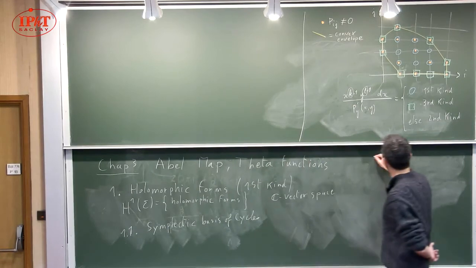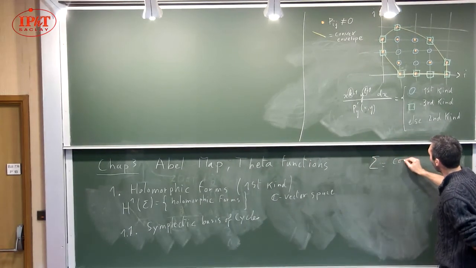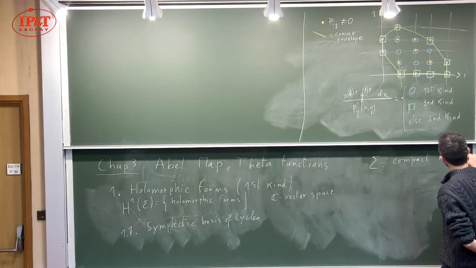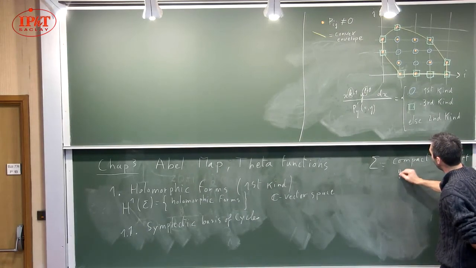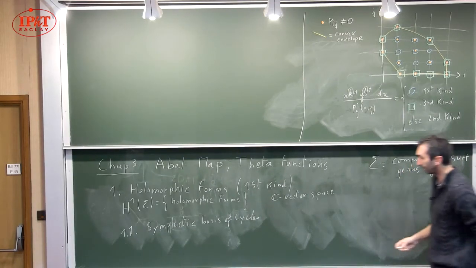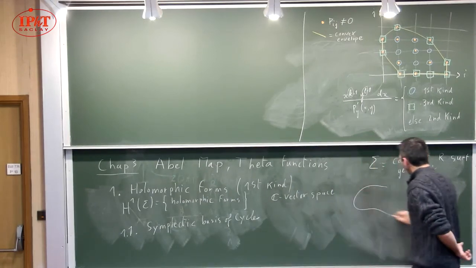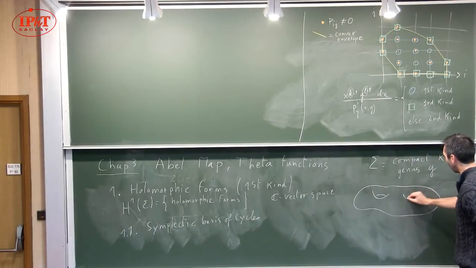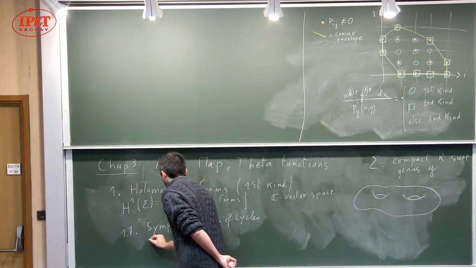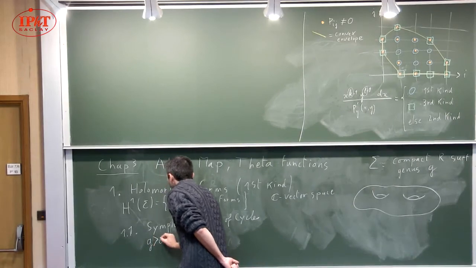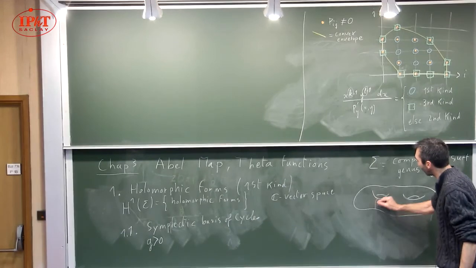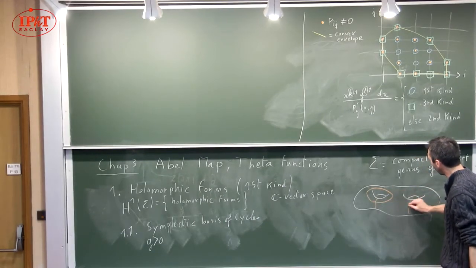I will always consider sigma a compact Riemann surface of genus G. So it looks like that. And if G is non-zero, there always exists a basis of cycles that looks like that.